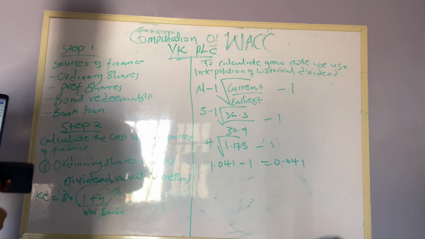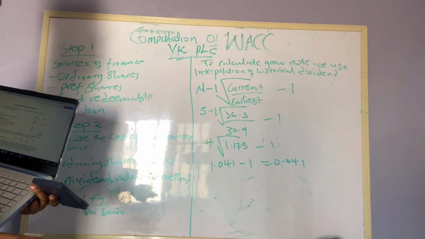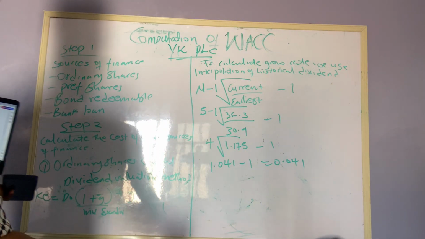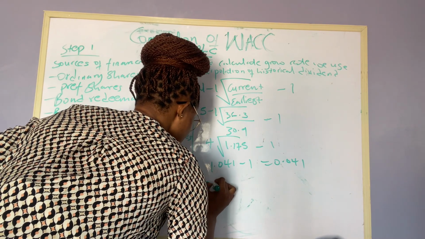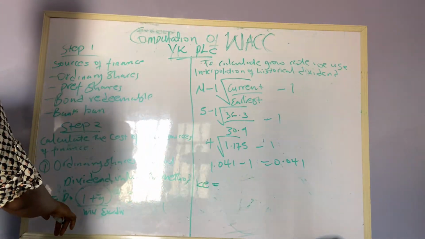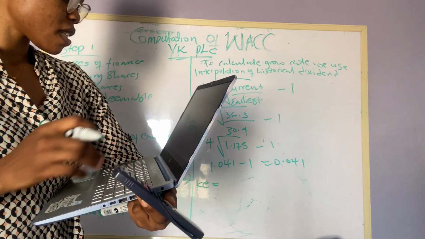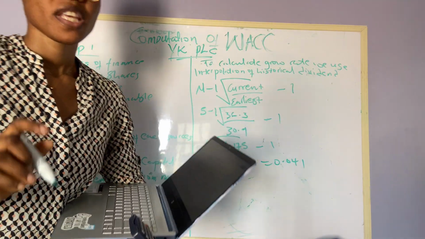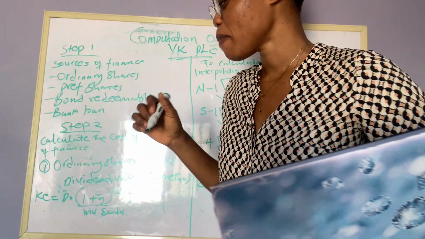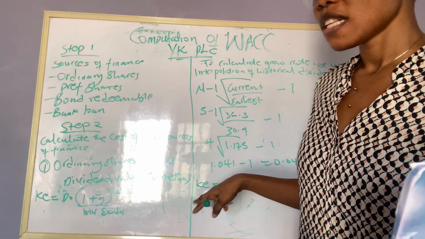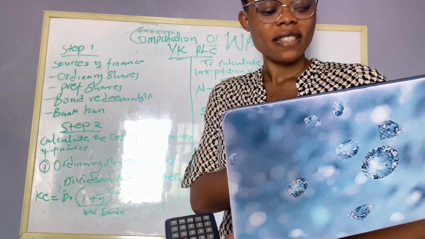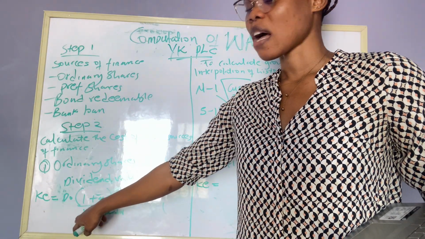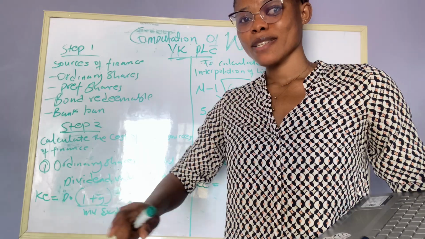Now we want to put it in our formula for us to get our cost of equity. KE is equal to, what's our current dividend? Our current dividend is 36.3 kobo. Yes, I want to make a correction. I made a mistake here yesterday. Anywhere you see kobo, as far as you are using this formula, you have to convert it to naira.